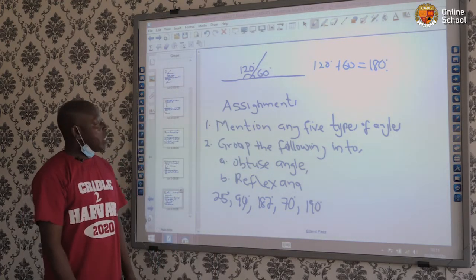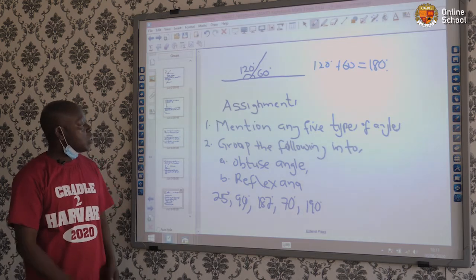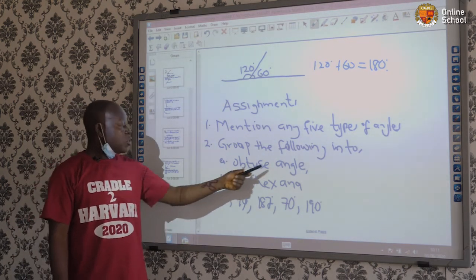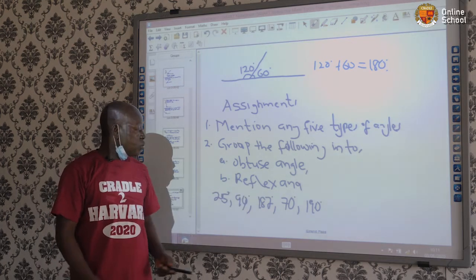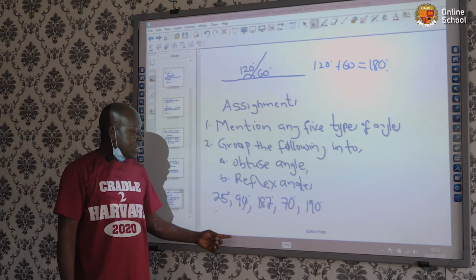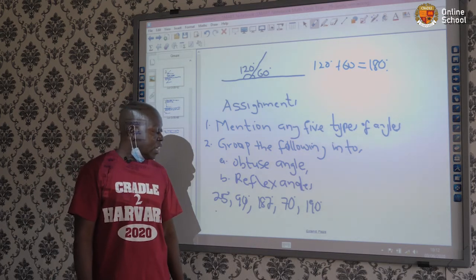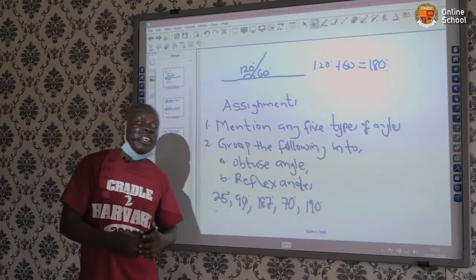Number 1, mention any 5 types of angles. Number 2, group the following into obtuse angles and reflex angles: 25 degrees, 99 degrees, 187 degrees, 70 degrees, and 190 degrees.